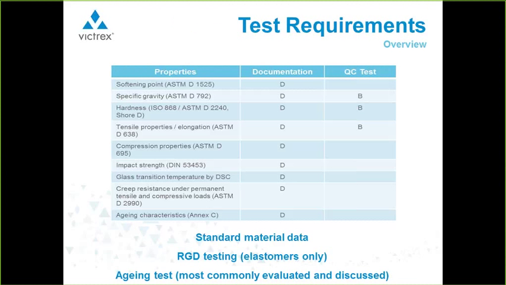So moving on to both of these tests, they have a fundamental reporting requirement, and that requires some property data to be presented by the supplier as documentary evidence, and also some quality control test data.